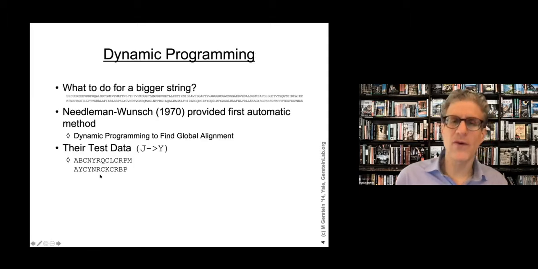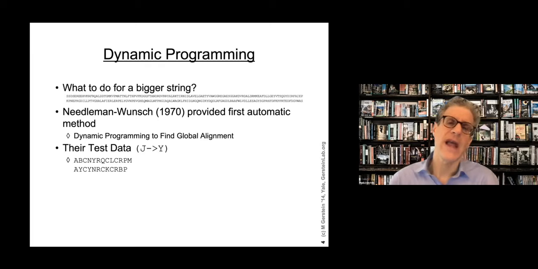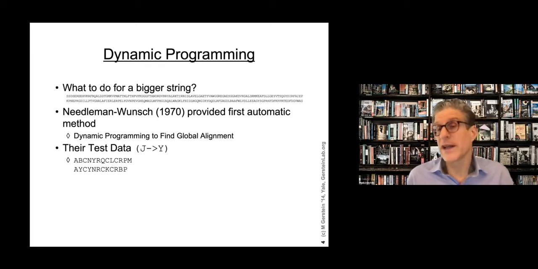Now, of course, if we want to do this for a bigger string, here's an example of it. It's much harder to do this manually. This was a long time ago now, almost 50 years ago, when people started thinking about this. The people who first started thinking about this were Needleman and Wunsch, and they provided a classic solution.